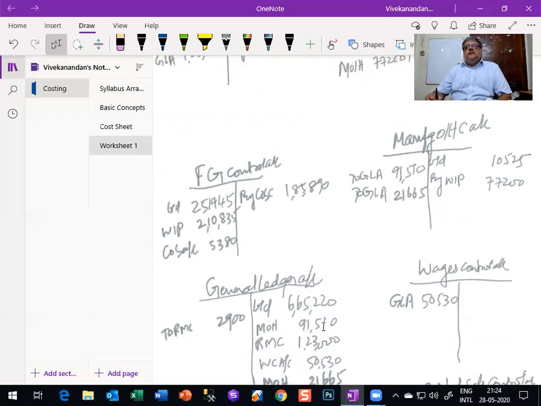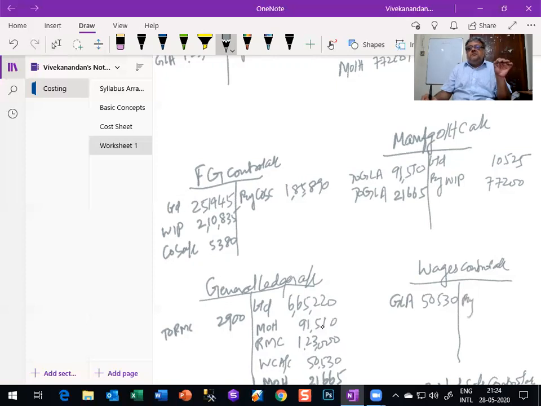Now when you see the wages control account, it is implied, the question has not given anything, it has just told factory wages incurred. But you have to infer that this is directly charged to work in progress.